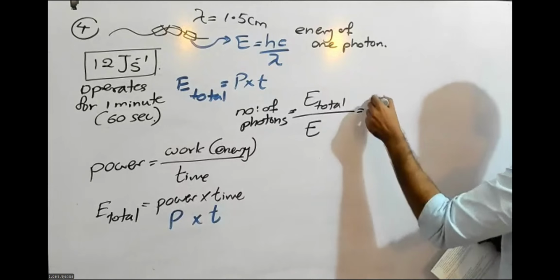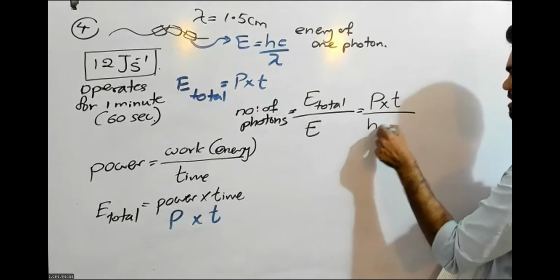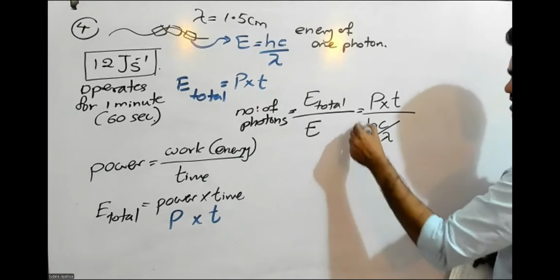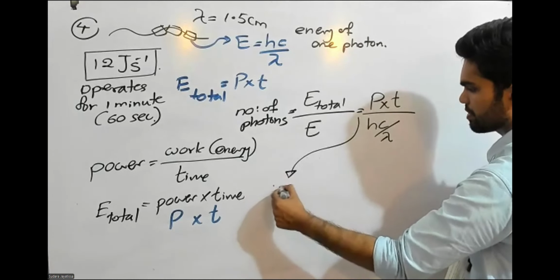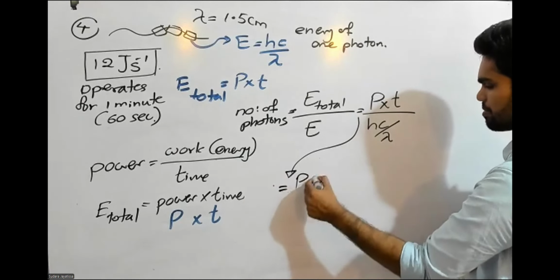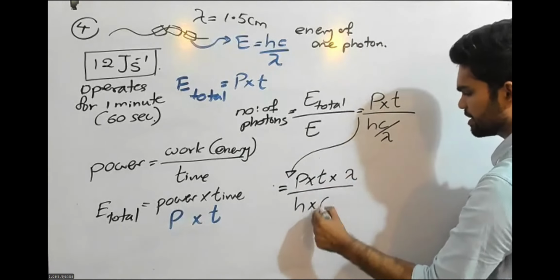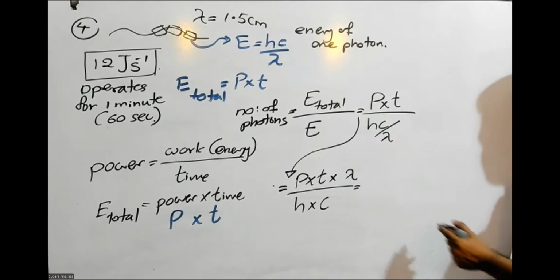What is the E total? Pt. Then you divide by hc over lambda, which after simplifying gives number of photons equals P t lambda over h into c. Now you can substitute values for this and see the answer.